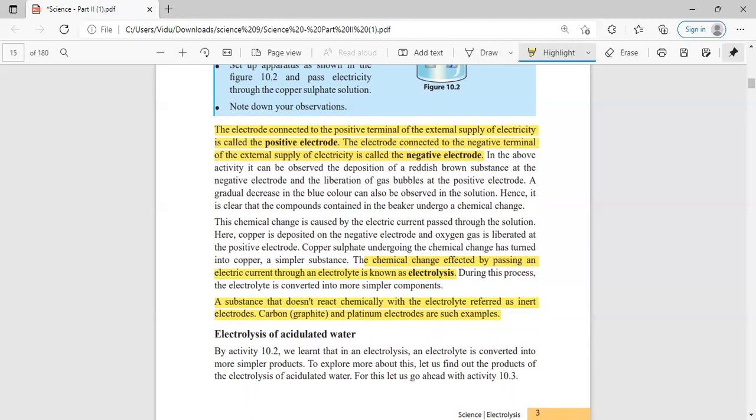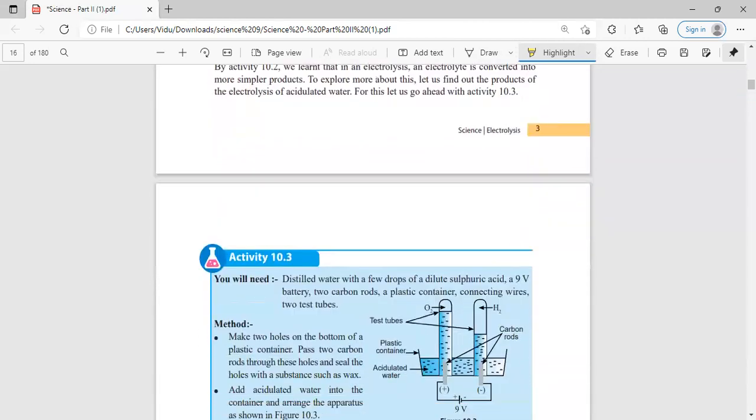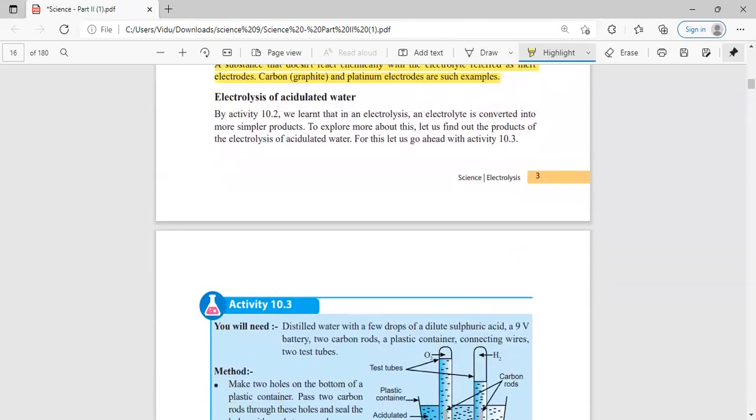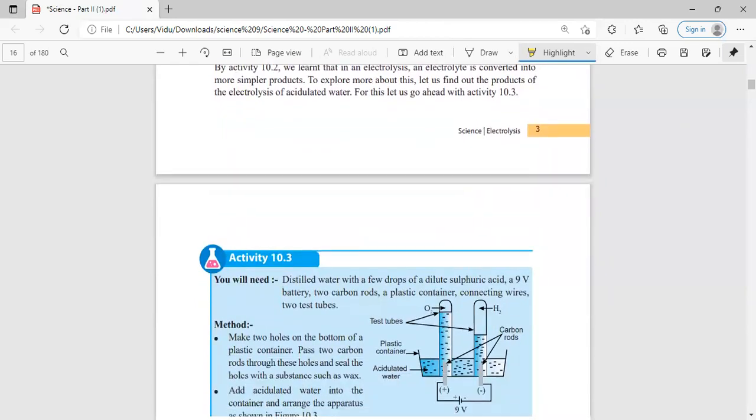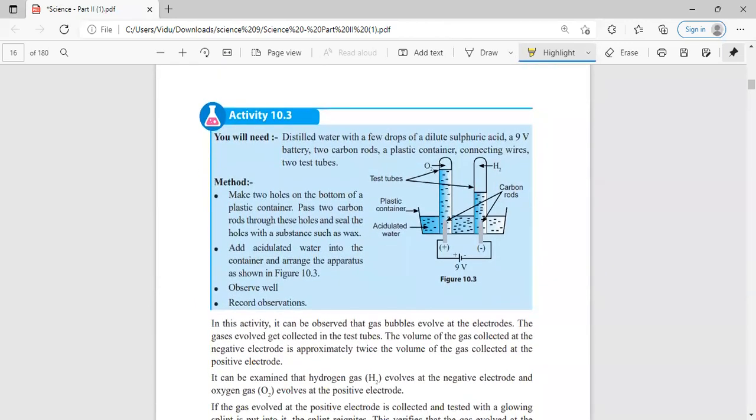Electrolysis of acidulated water. Activity 10.3, you need distilled water with a few drops of dilute sulfuric acid, a 9-volt battery, 2 carbon rods, a plastic container, connecting wires and 2 test tubes.